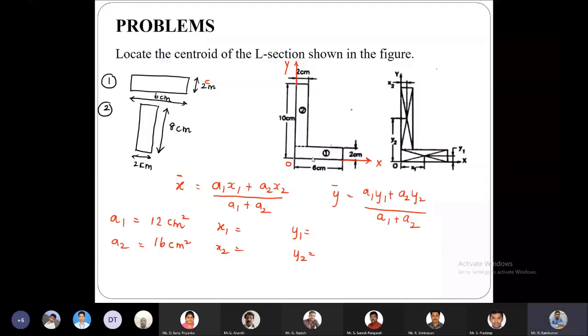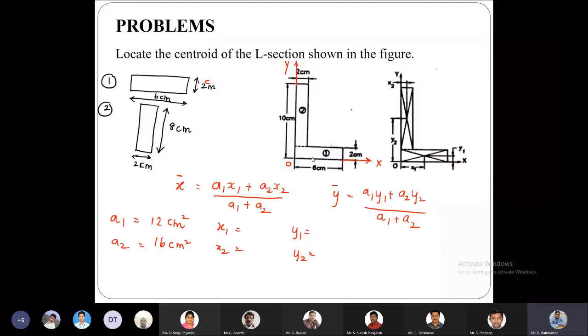For finding the x bar, we have the definite formula, that is w1 x1 plus w2 x2 etc. up to wn xn divided by w.